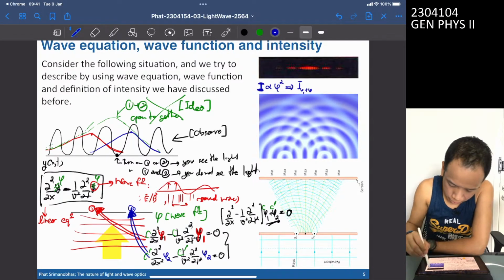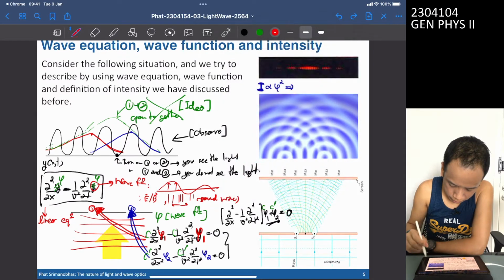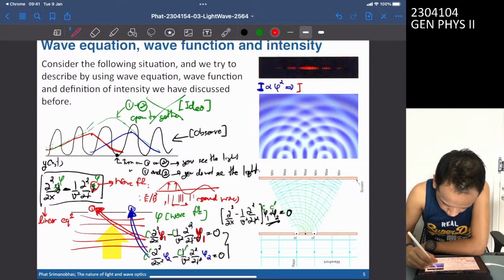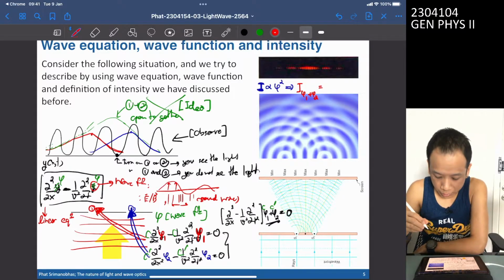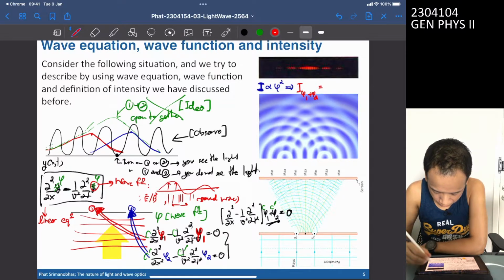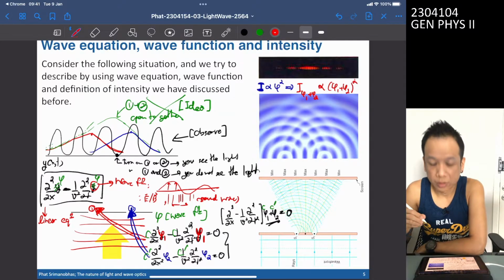I should maybe use another color so it contrasts with the blue one. So we are talking about the intensity of psi 1 and psi 2. It's proportional to psi 1 plus psi 2, squared.